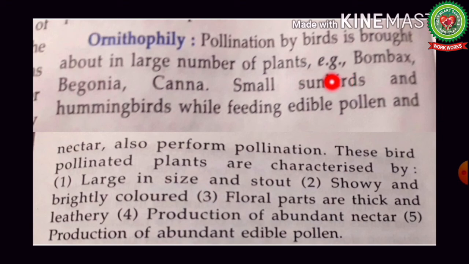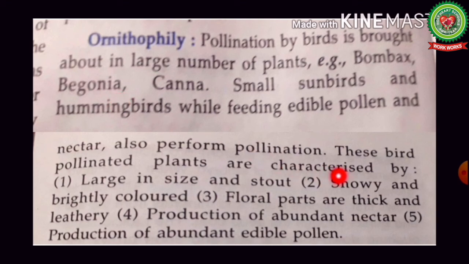Examples are bombax, begonia, canna. Small sunbirds and hummingbirds while feeding on edible pollen and nectar also perform pollination. Students, do you know hummingbirds pollinate the begonia flowers?